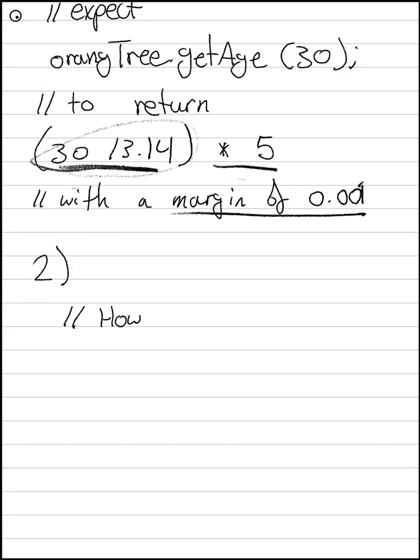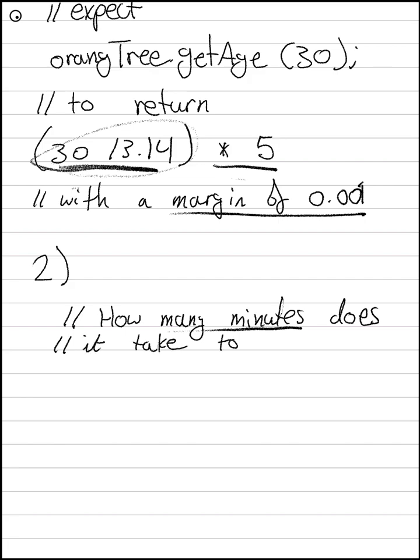So the unit is going to be a minute. Exactly. How many minutes does it take to water this tree? Perfect. Yes, we want to make sure we can be as precise as possible when we're writing our comments or purpose statements. So how many minutes does it take to water this tree. Excellent.